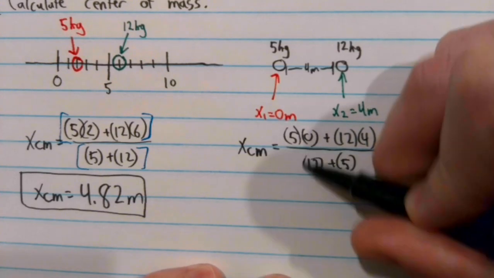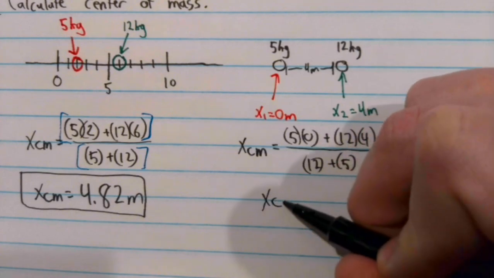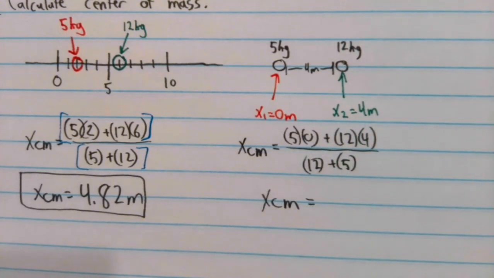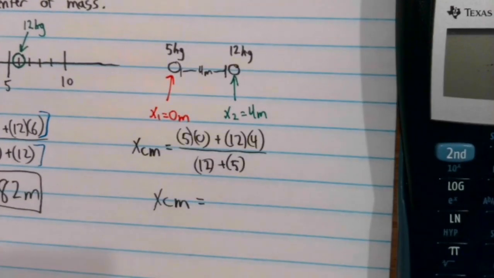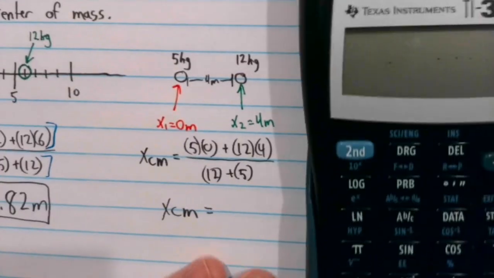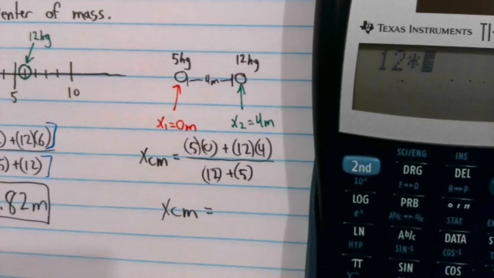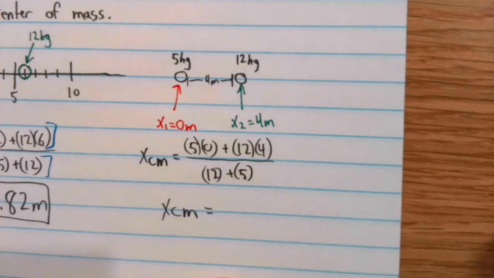I flipped them, but that's okay. It's addition. They will still work out. And let's verify. Let's see if this works. So really it's just 12 times 4 divided by 17. And we're going to get 2.82.